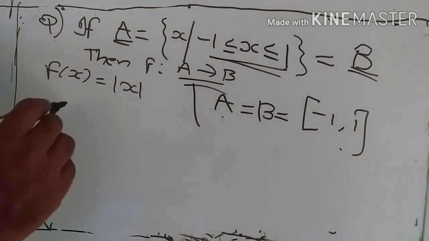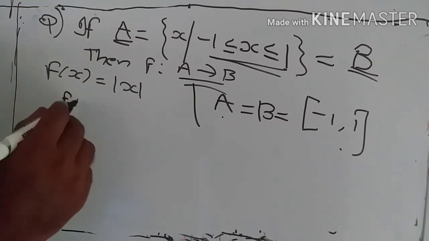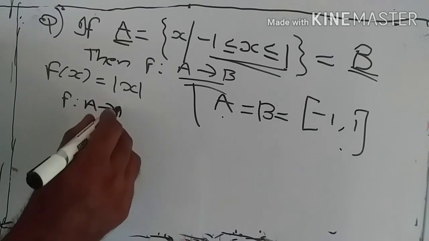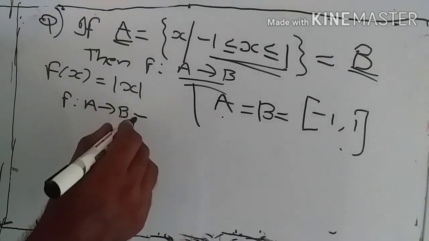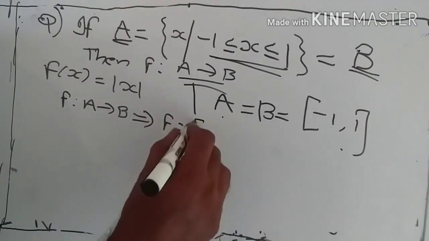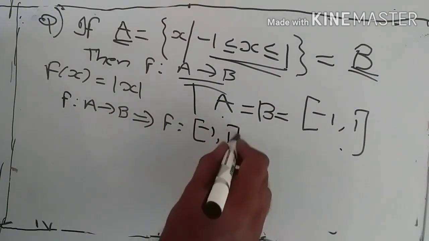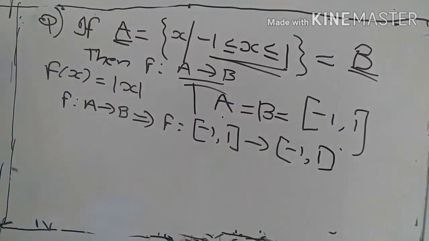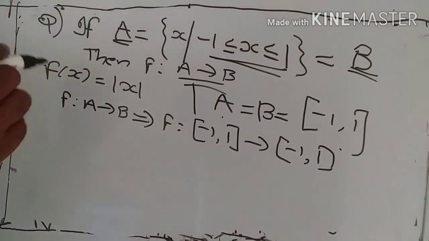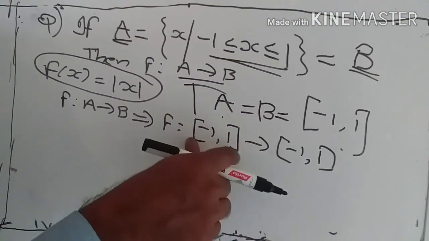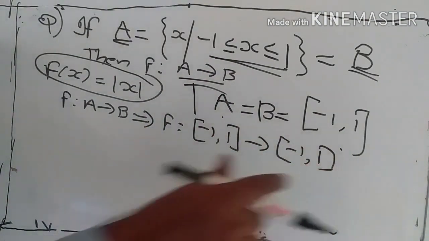That is, f from A to B means f from minus 1 to 1 to minus 1 to 1. The function is f of x is equal to mod x from minus 1 to 1, and the codomain is also minus 1 to 1.